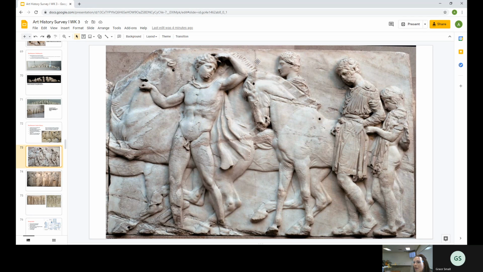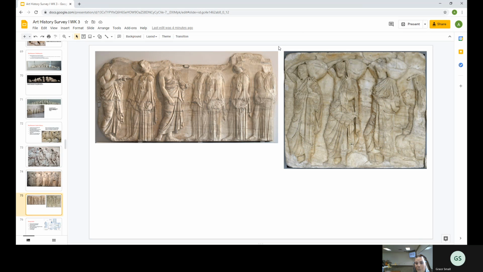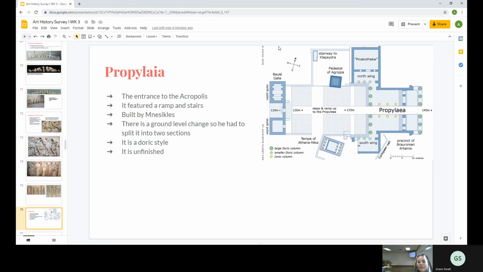We do have some females being shown, I believe somewhere along the line. Yeah, women. Because this is a festival, women are allowed out of the house. Woo. And this is actually the women preparing to get the garment together to reclothe that wooden statue here. Some more from that frieze. We do have a good chunk of this one. I mean, it's not perfect, but it's more than the others.